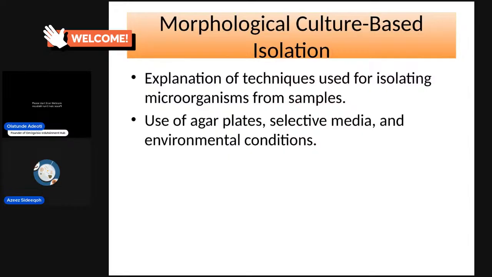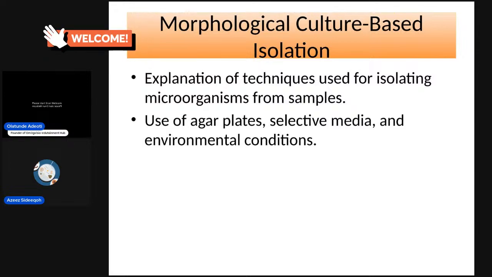There are some that will grow under aerobic conditions, and some that will not grow under aerobic conditions, anaerobic and aerobic. So all these are part of what we are going to explore when we talk about culture based isolation.